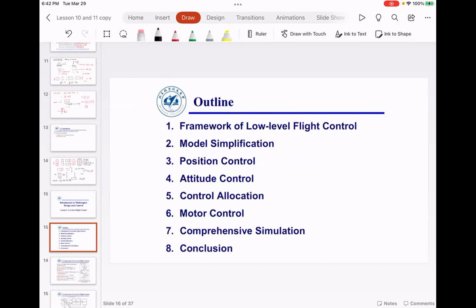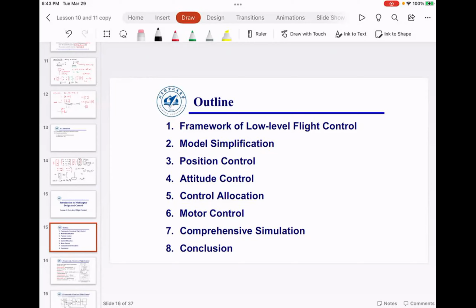So what are we going to do? When we talk about low level control, we have to understand what exactly we are controlling. It is almost impossible to control a super complicated 6 degree of freedom dynamical system such as the Mambo.